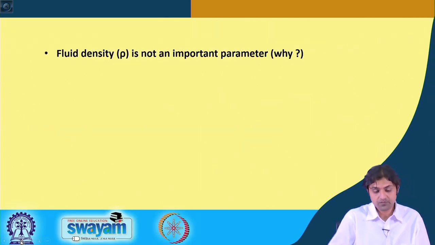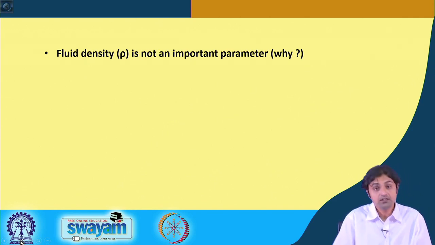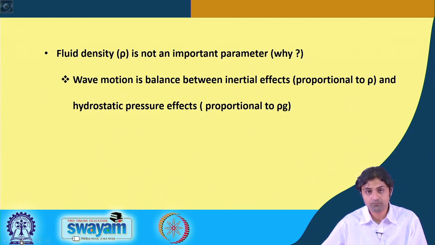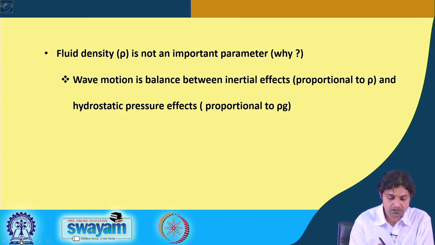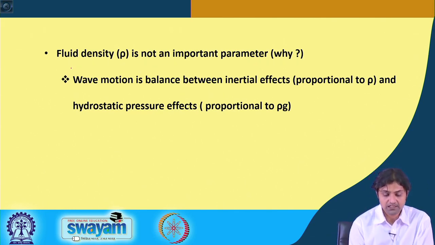Okay. Here fluid density is not an important parameter, and why is that? I think you think about it and we can later discuss it in the forum. Okay. So, actually I have written down the reason, was not supposed to, but it is okay. I will tell you.